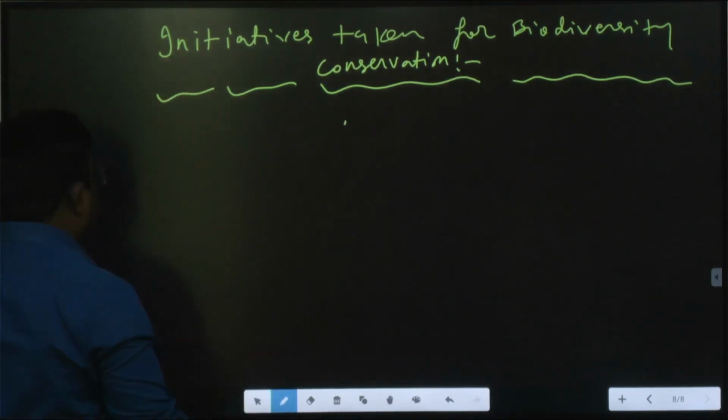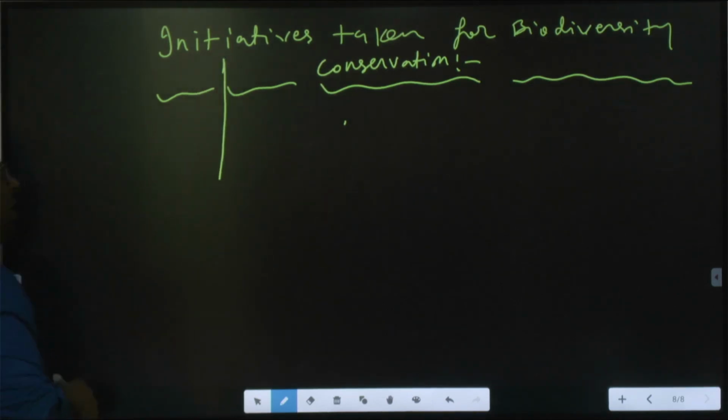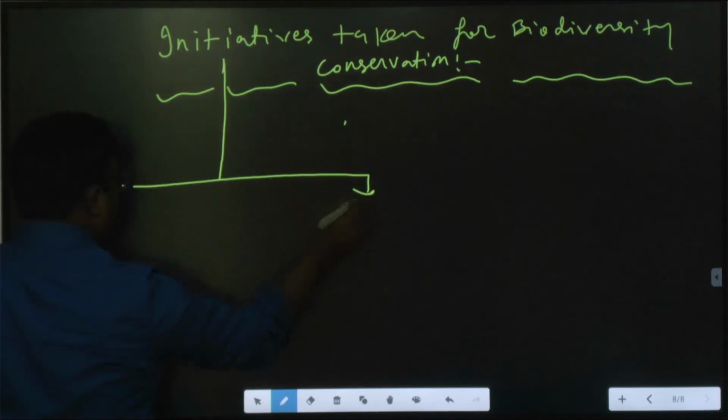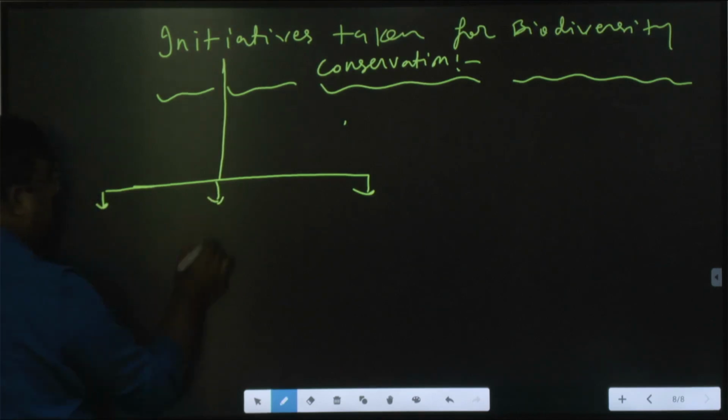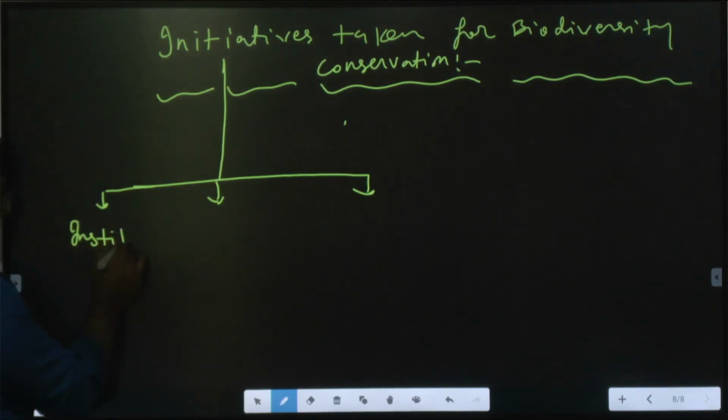Look, what all we need to discuss as initiative. Actually, in this content, we are going to talk about some institutions, which are working on the subject of biodiversity conservation.